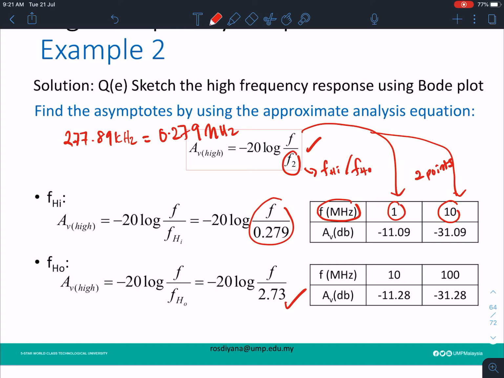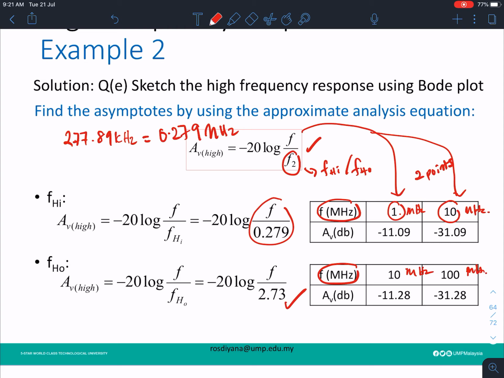So I set all frequencies in megahertz. It means that 1 is 1 megahertz and 10 is 10 megahertz. Same also here, 10 megahertz and 100 megahertz.